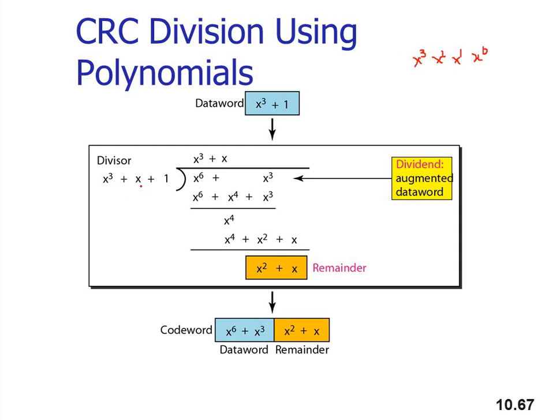This is x raised to 3 plus x plus 1. Now you can see that this is the data represented. So plus 1 means here it comes 1. Now this is 0 because this term is absent, this term is absent, and this is 1. This is 1 0 0 1.